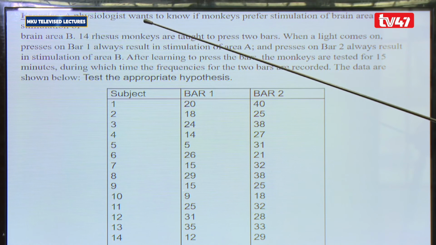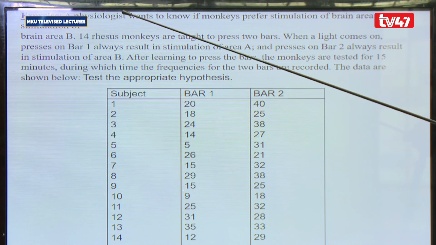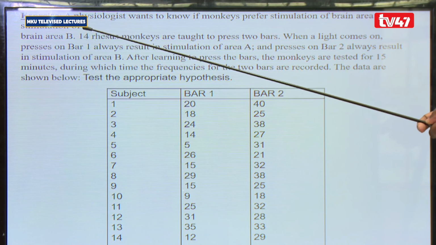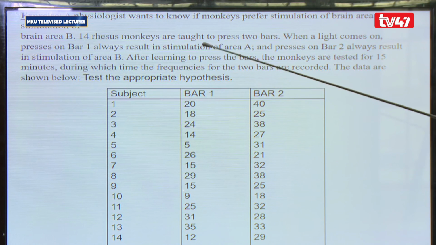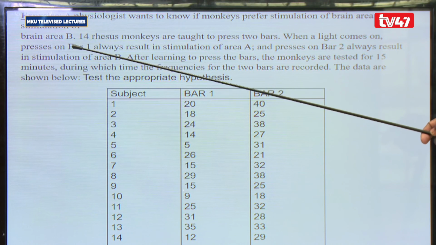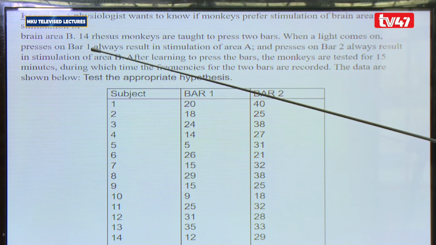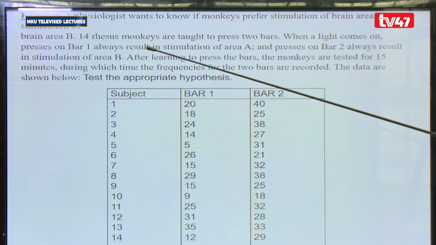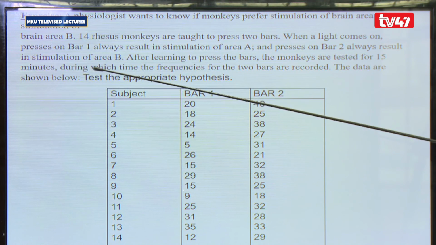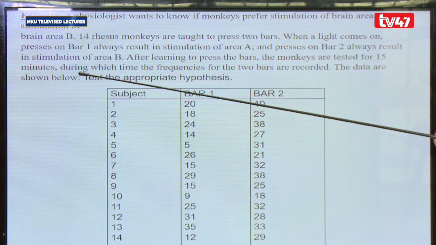We want to do an exercise. Psychologists want to know if monkeys prefer stimulation of brain area A to stimulation of brain area B. Fourteen monkeys are taught to press two bars when a light comes on. Pressing bar 1 always results in stimulation of area A, while pressing bar 2 always results in stimulation of area B. After learning to press the bars, the monkeys are tested for 15 minutes, during which time the frequencies for the two bars are recorded, and the data are shown below.